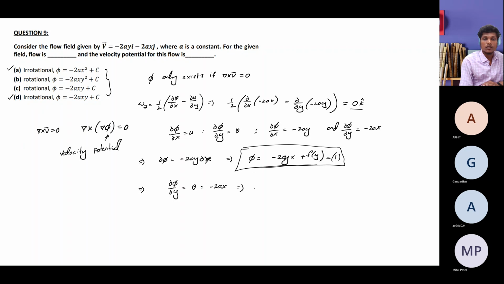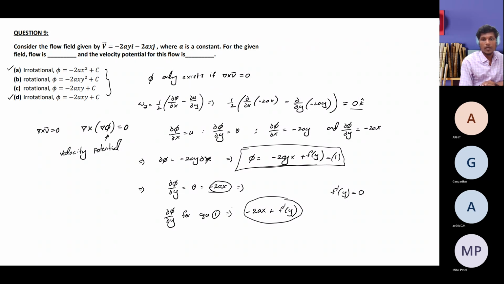But if you do dou phi over dou y for equation 1, it will give you minus 2ax plus f dash of y. Just compare this one and this one. Since f dash of y is not present here, if you match the equations, it should equal 0.